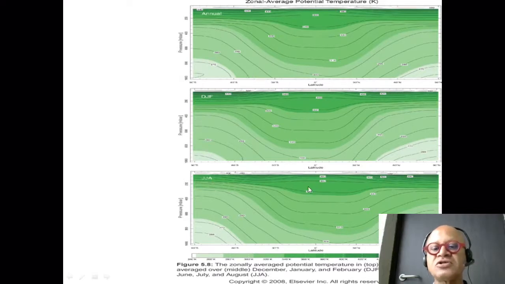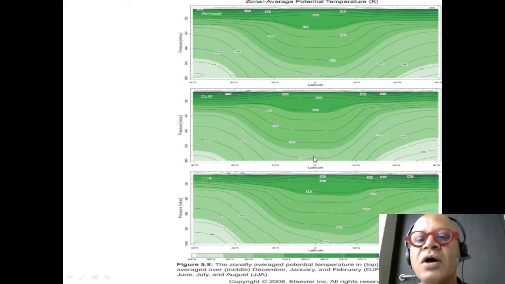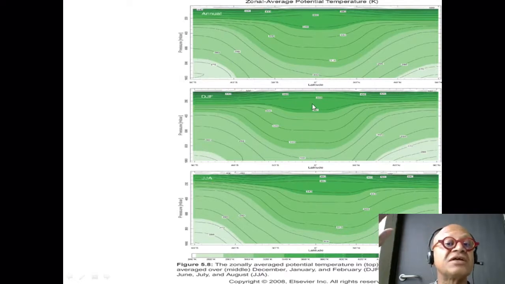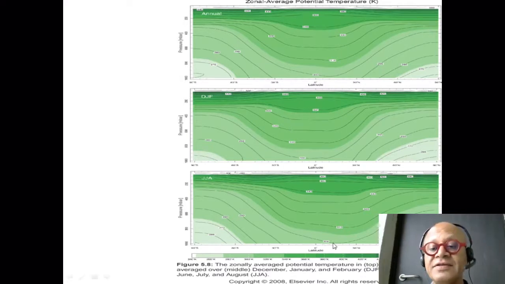And you can see also the seasonal difference. For example, these values here are going from 300 to 310, 320, and so on. So it's monotonically increasing. Remember, the slope d theta/dz is positive, and this DJF is where the sun is to the south.